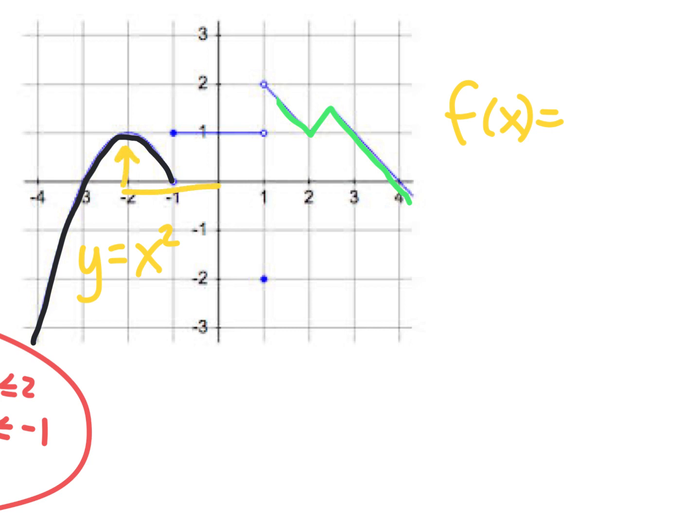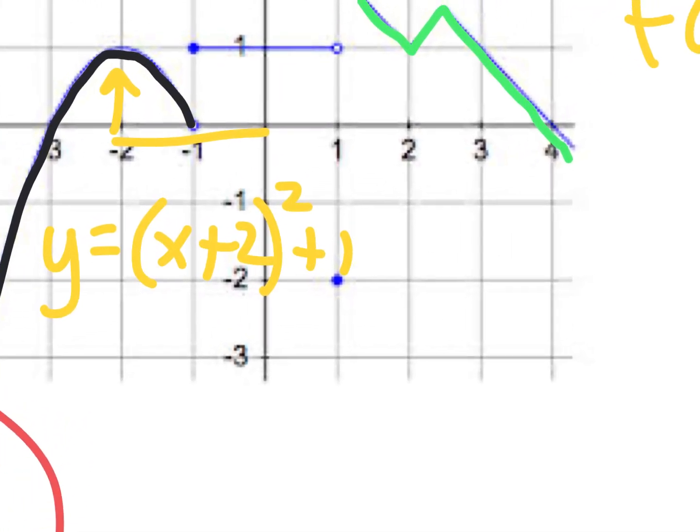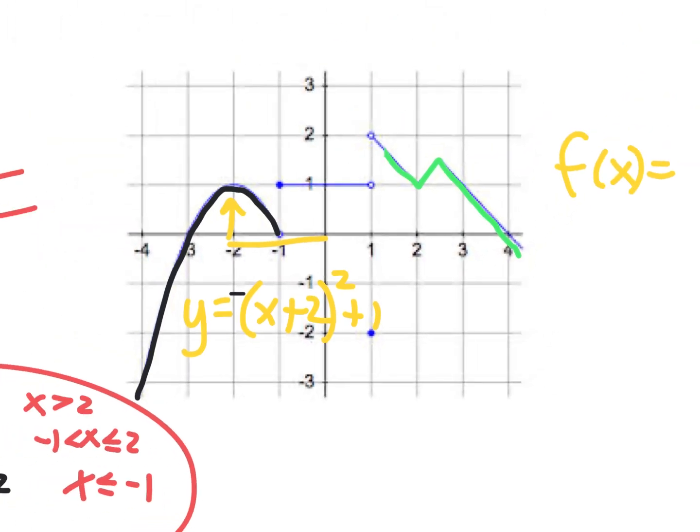We just practiced that enough that you should be able to do this. That parabola has been moved left 2 and up 1. Oh, and it's been flipped because it's upside down. Negative in front. That is the black part.